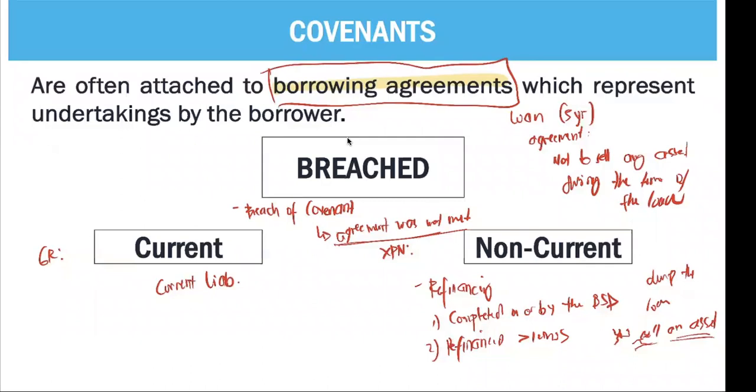Exception to the rule, it can be considered as non-current if there is a valid refinancing, which is completed on or before the balance sheet date, and it is refinanced for more than 12 months. Okay? So that's it for our breach of covenants.